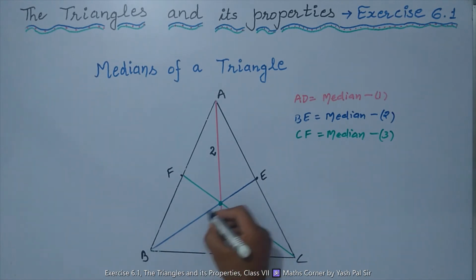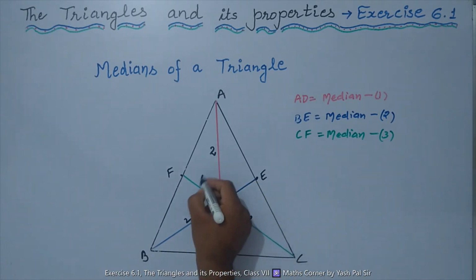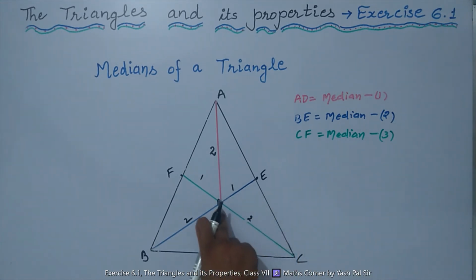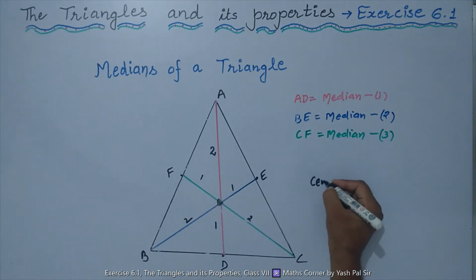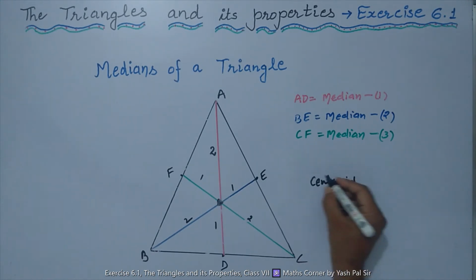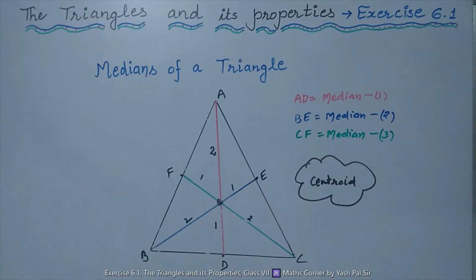Each median have the ratio 2:1, right? And the name of this meeting point where all the medians meet, that is called centroid. That is called centroid of the triangle.